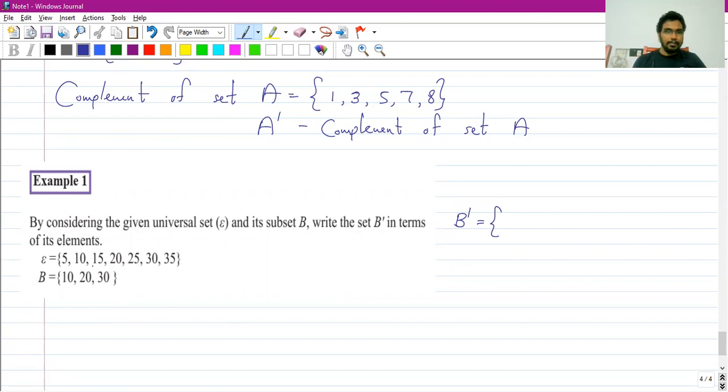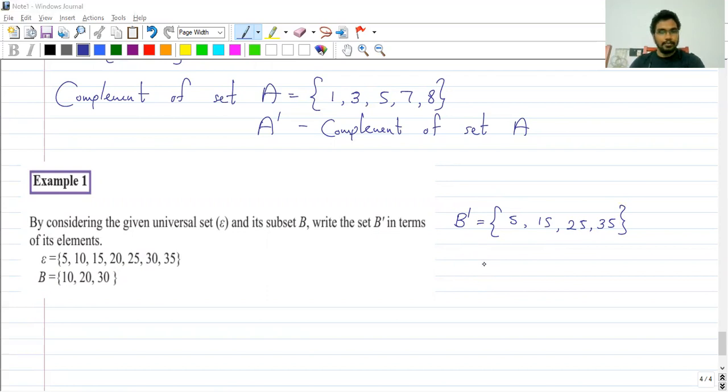Here B, so B dash or complement of B. We can see 10, 20 and 30 in B. So we can write the other values 5, 15, 25 and 35. These are the elements which do not belong to subset B. So complement of B means all the elements which do not belong to subset B. Yes. So shall we move to example number 2?